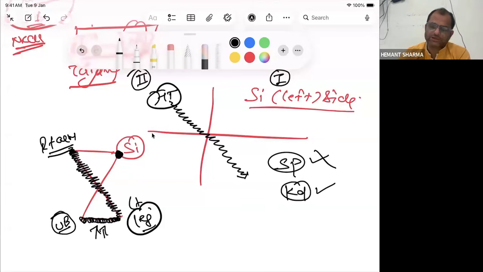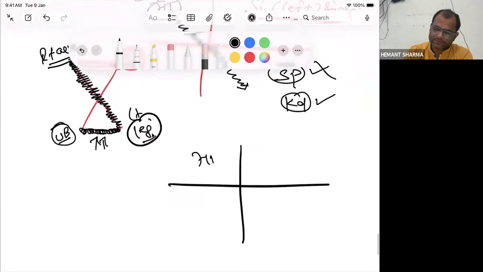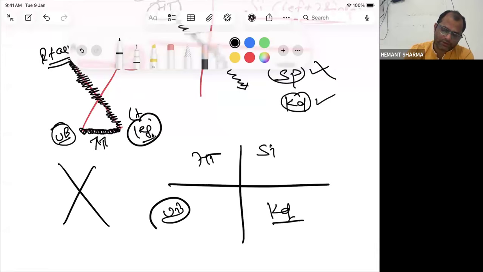So we can't take the spleen. So our final circuit is in this way. We can take a point on the UB or we can leave the UB. So this is following our perfect circuit system.